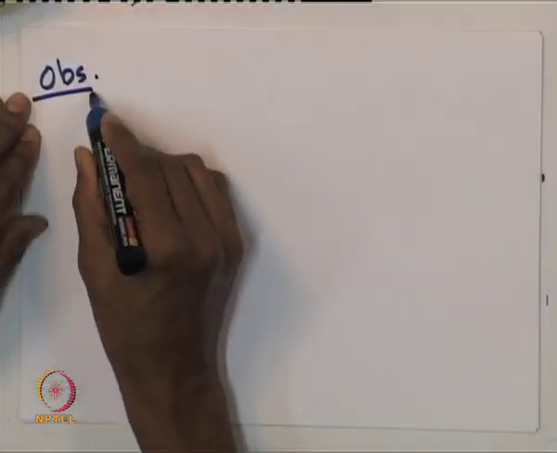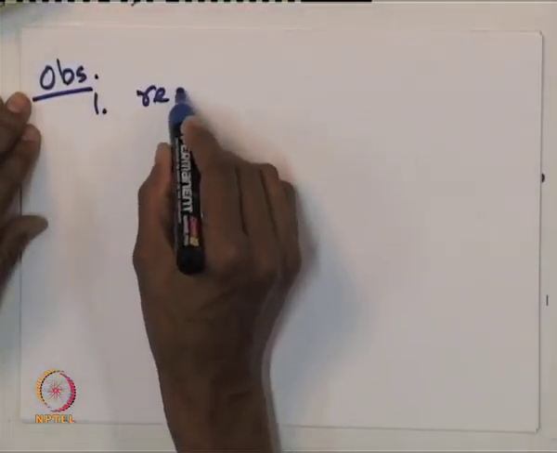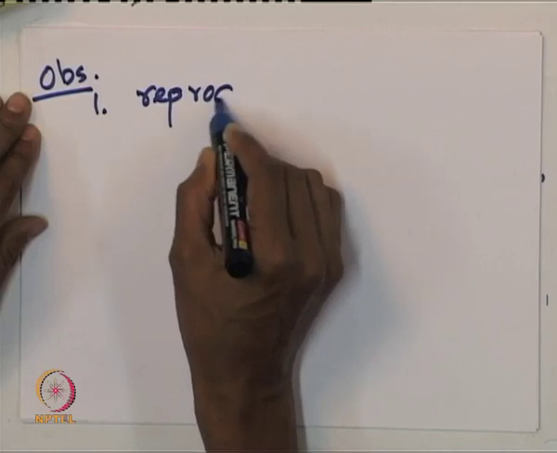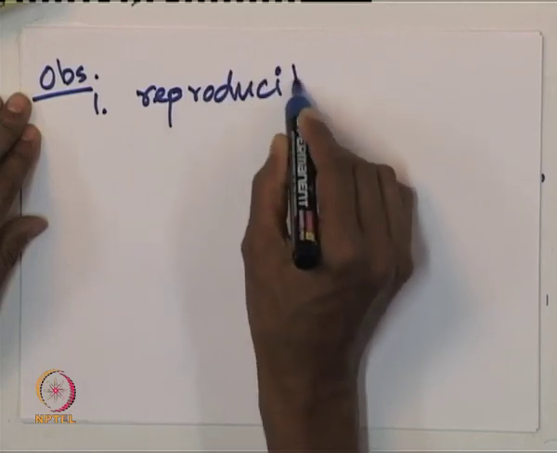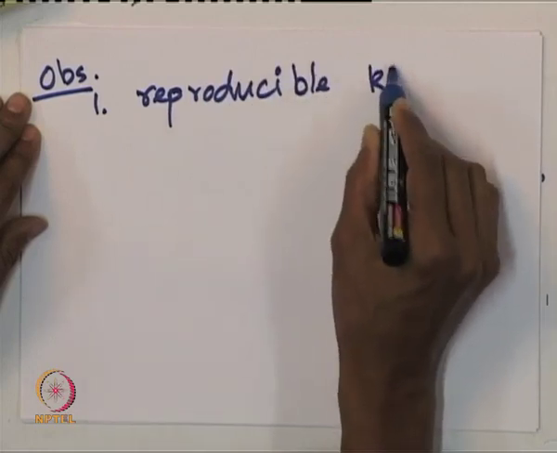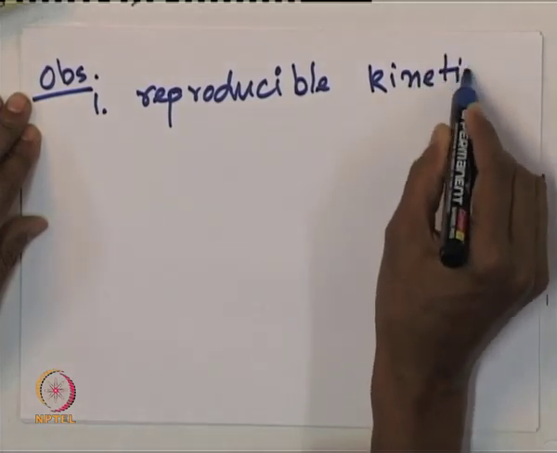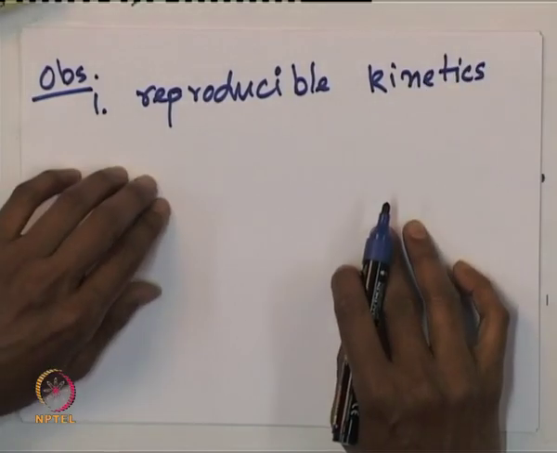That invariably means that we do not have a radical mechanism, right. So, the experimental observations for these reactions include, first of all, as I told, reproducible kinetics. Reproducible kinetics means if you keep on doing the kinetic studies, the data will be reliable and will not differ too much.